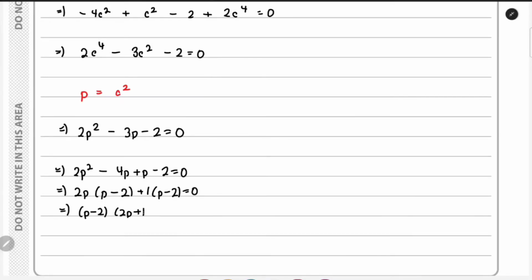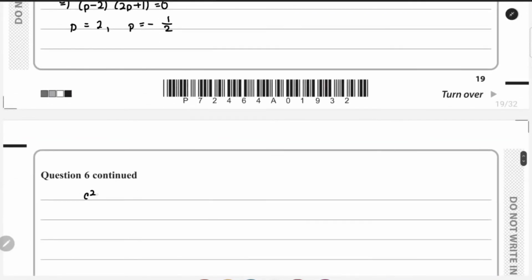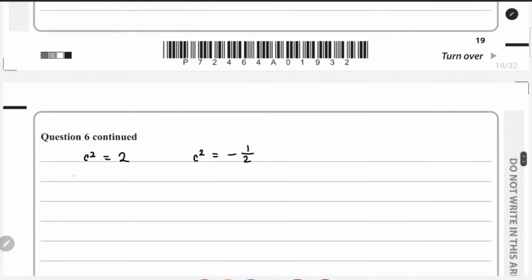So from here we get the value of p to be 2 and p to be minus half. P is also equal to c square, so c square is 2 or c square is minus half. So c is plus or minus root 2 or c is plus or minus root minus half.